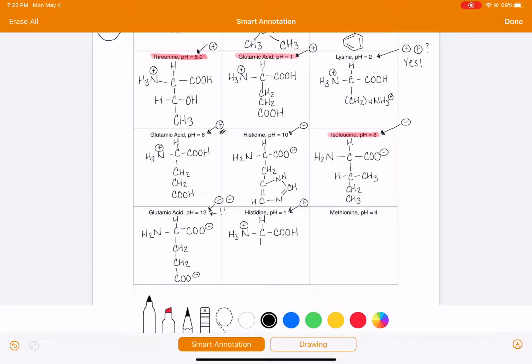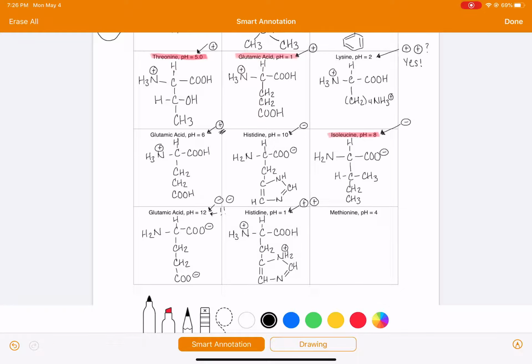So that's a very, very low pH, way low, which means that we can have both positive charges. So we can have the NH3 plus, and we can also have the positive charge on the R group. So we're just going to copy it the way that it is drawn on our table. NH2 plus, just like that.